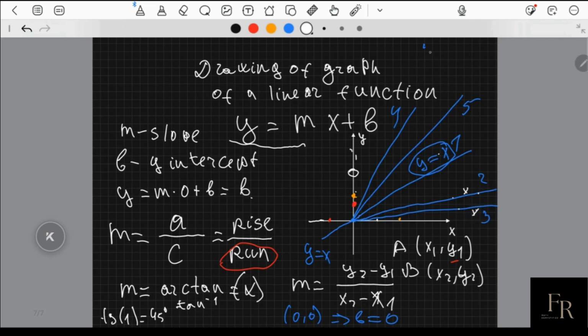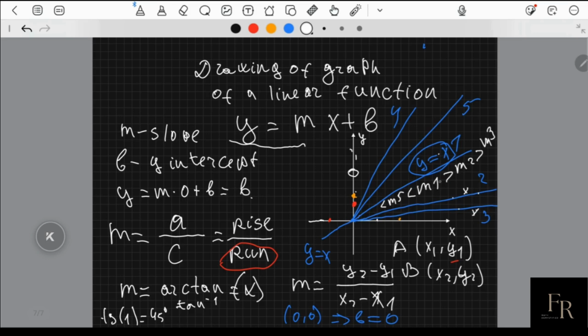So here, m1 is bigger than m2, and this is bigger than m3, because we could see also visually from the slope.